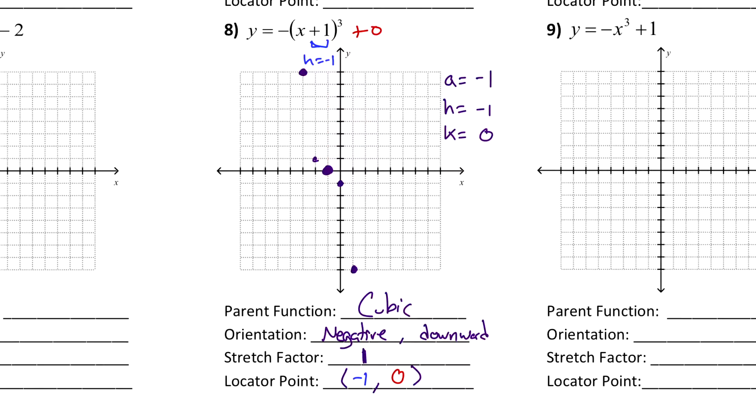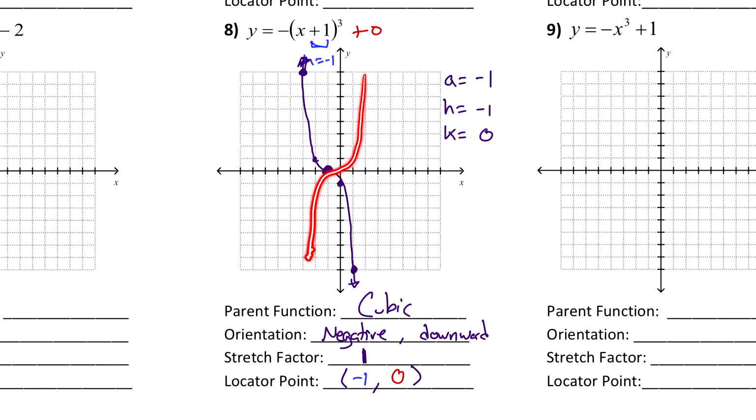Yeah. All right. So here, if I sketch this, it's going to look something like this, and then something like this. So this should look like one arm up, one arm down. You'll notice it has been flipped. The traditional cubic actually looks like this.